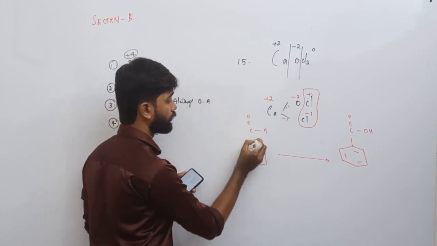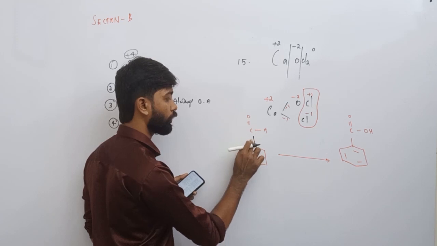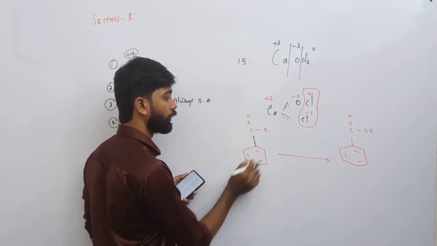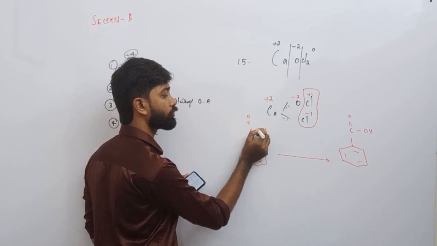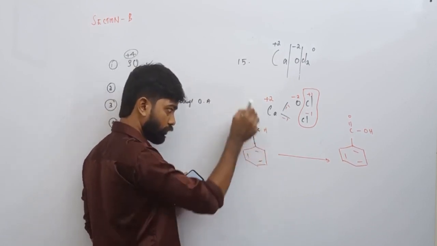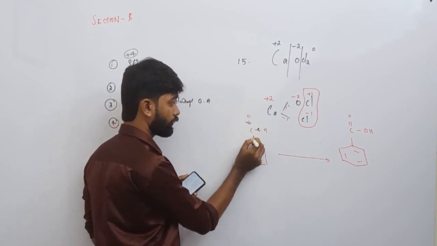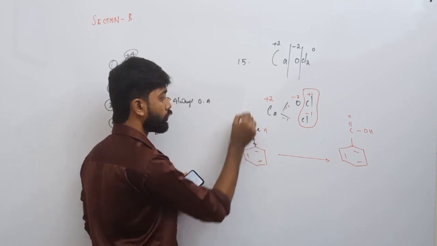You know that this is a bond to carbon, so there is no polarization. And this is a bond between carbon and hydrogen, with electronegativity towards carbon. Here both are the same carbon, so there is no net polarization.